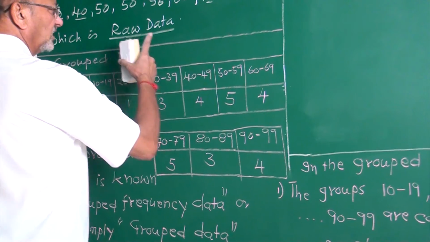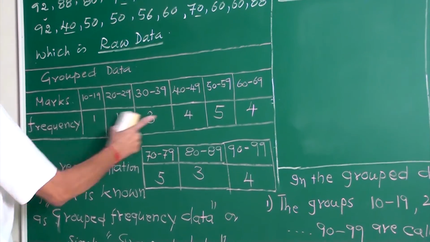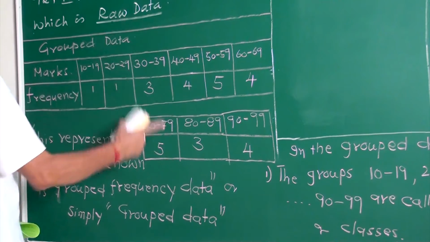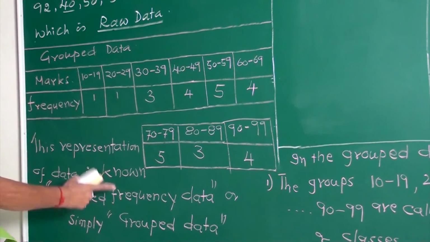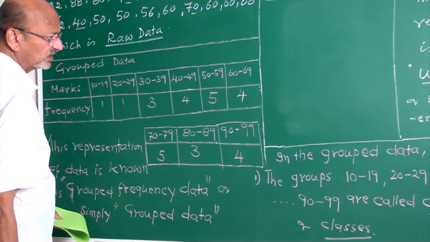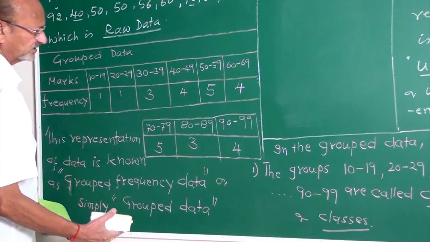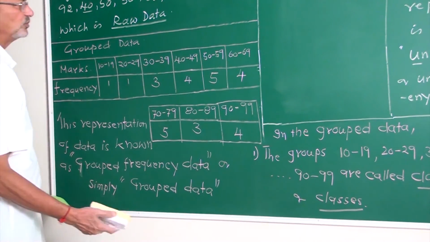One is raw data, this is ungrouped, and this type of representation of data is known as grouped data. In this, my friends, these are known as intervals or class intervals or simply classes, in which there is a lower limit and an upper limit.